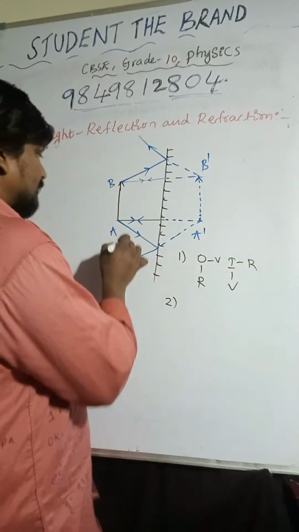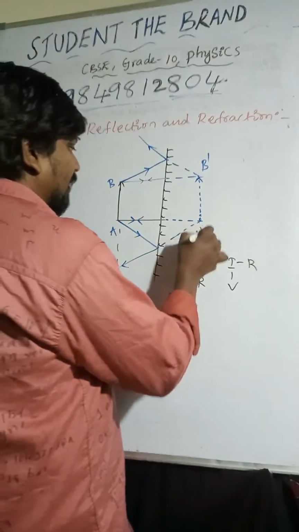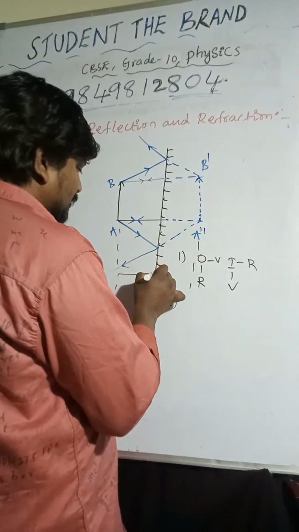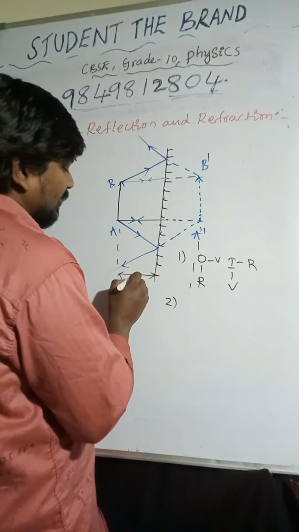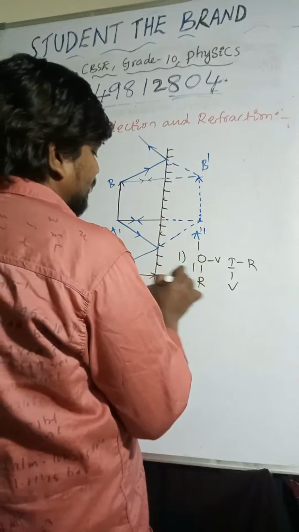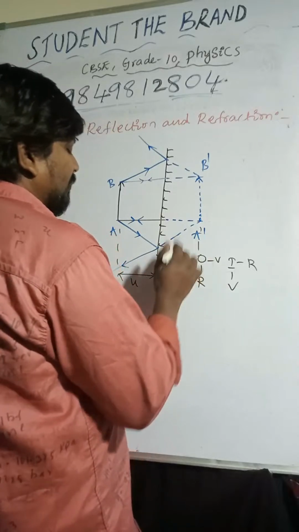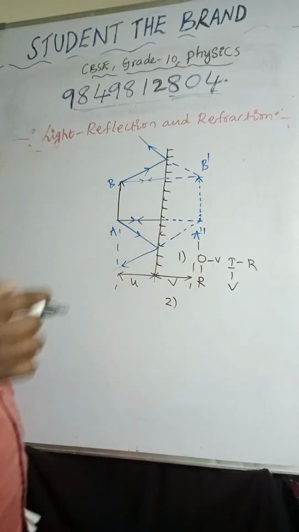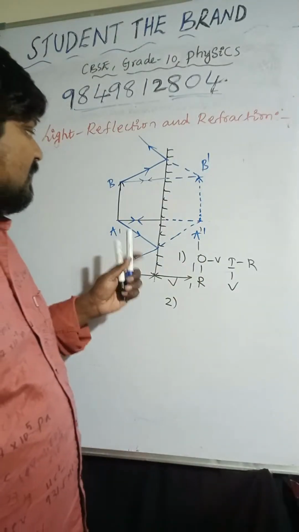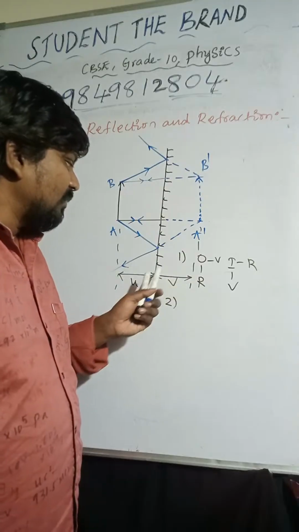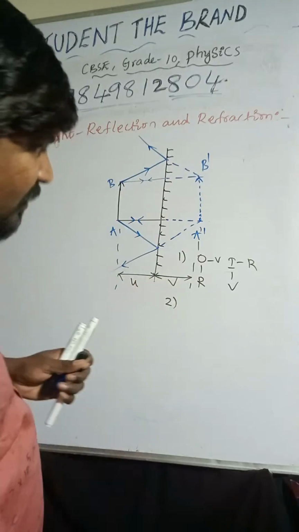Second point is the distance between object and mirror. The distance between object and mirror is called object distance. The distance between mirror and image is called image distance. The middle one is the mirror.